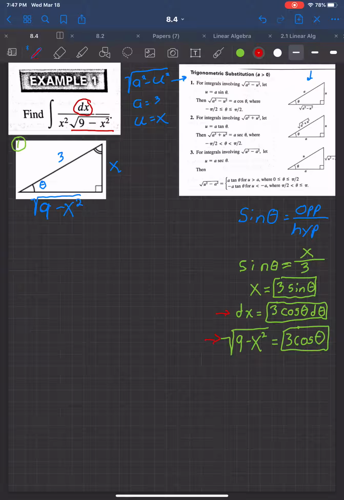The only thing that I need to do is plug in something for x squared. As it sits, I don't have that yet. So I know what x is, so I would have to square that. Therefore, x squared is going to be 3 sine theta squared, which is just 9 sine squared of theta.